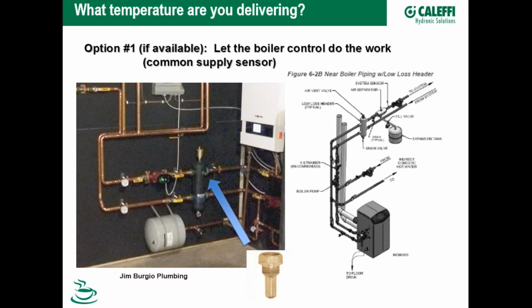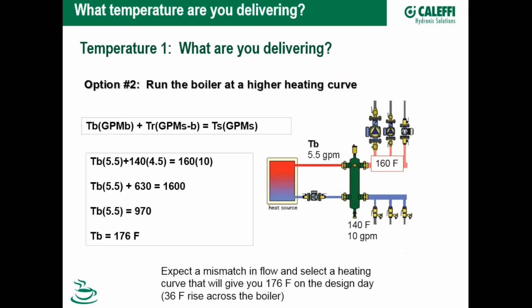Now, if the boiler doesn't have the option of doing that sensor, then it becomes a matter of figuring out how hot I need to run the boiler in order to give me the proper mix temperature after my hydraulic separation. So if I work the numbers backwards, let's say I'm looking for 160 going out to the system, I want to be returning at 140, and the system is still flowing at 10 GPM and the boiler is still flowing at 5.5 GPM, then I can calculate what that temperature needs to be.